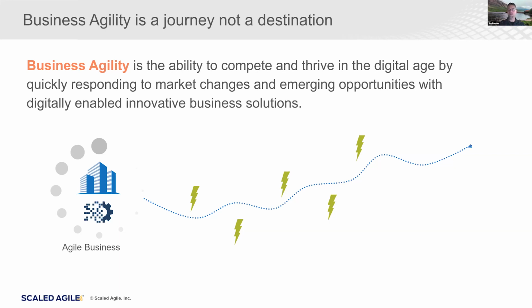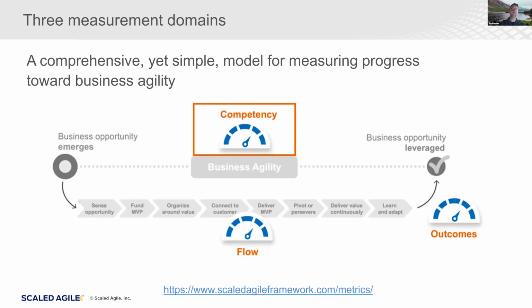That's really the ultimate purpose that we're targeting. And in order to do that, we need to have the information and the data that tells us what is happening in the market and what is happening within our organization, and our ability to actually meet those market changes. And that's what Measure and Grow helps us to do. It gives us that information and the metrics that we need to be able to make those adjustments.